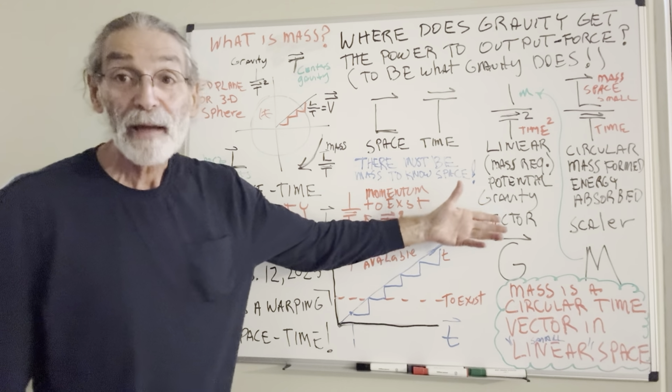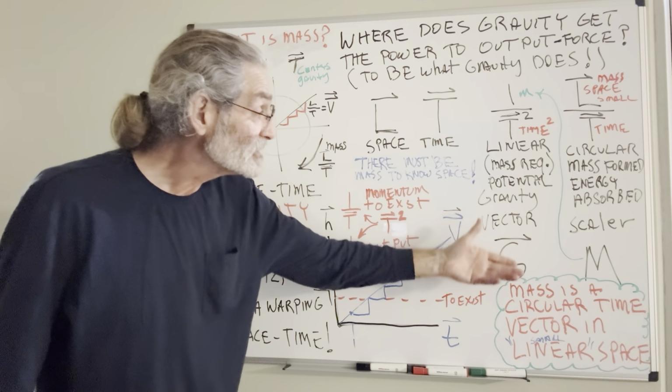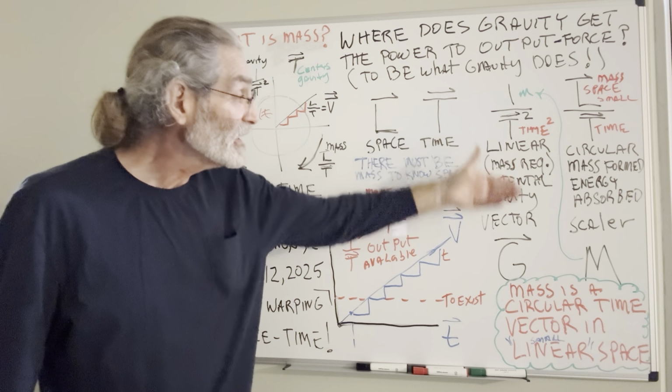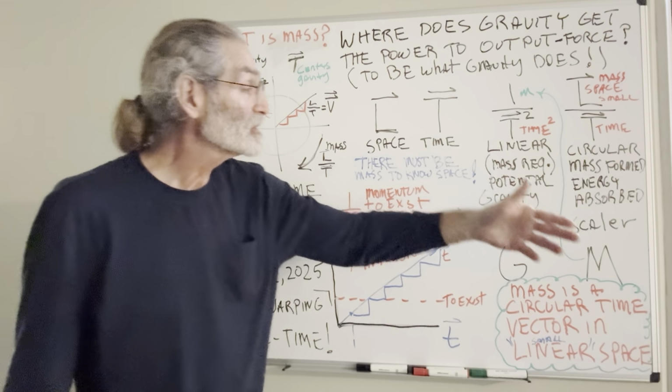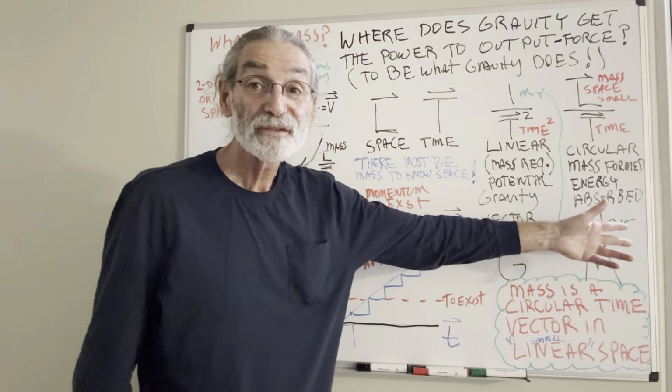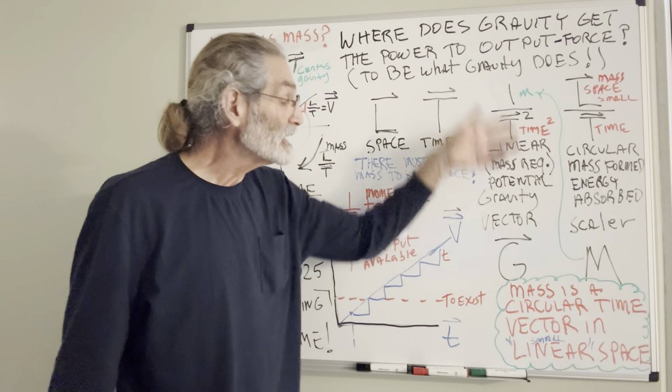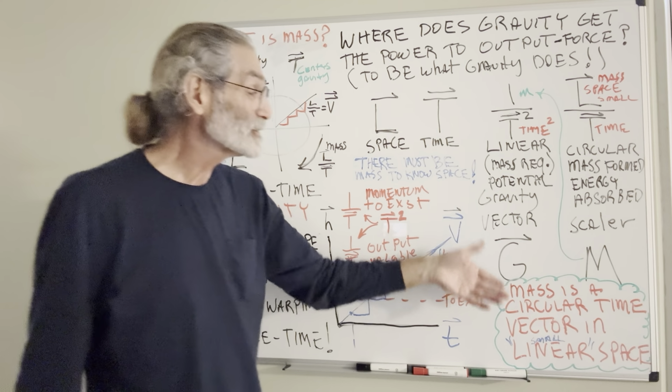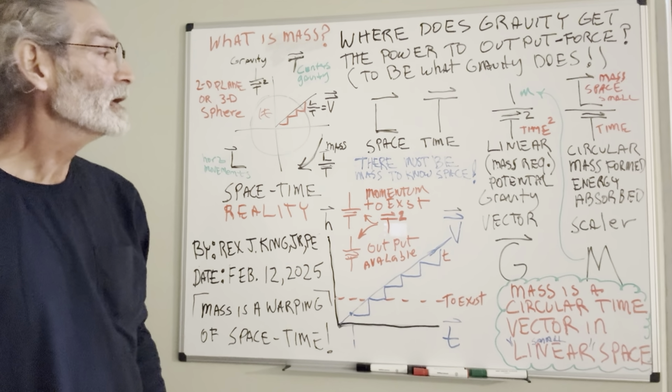That's what is happening. The excess energy is available, and we know it's available because it's available to make mass. So that's where the energy of the universe, or everything, is coming from, okay?